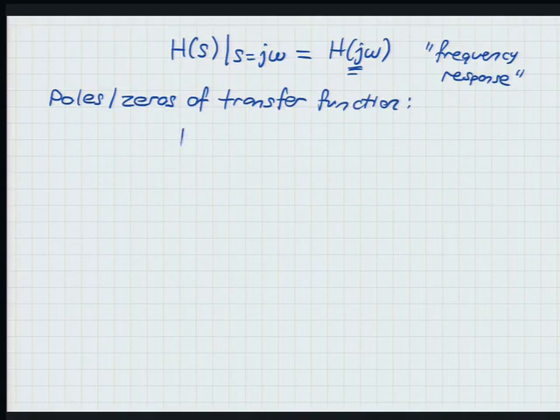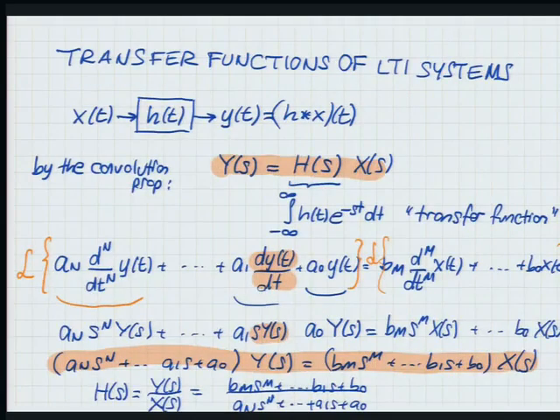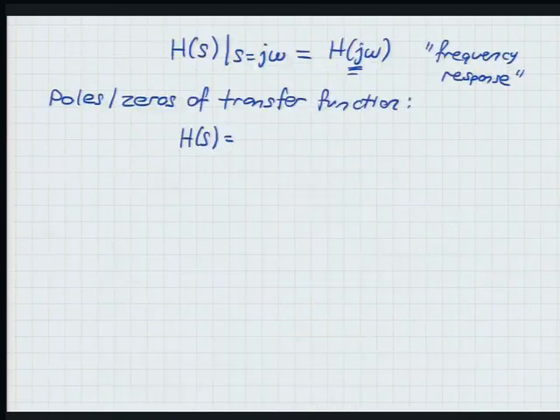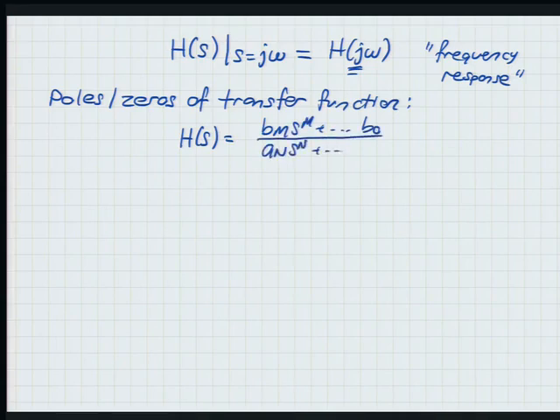So if I write h of s, which I just wrote earlier, let me go back and copy that. I think writing is faster. Anyway, you remember, we start with bm s to the m, go to b0, right? And in the denominator we have an s to the n, and we go to a0.